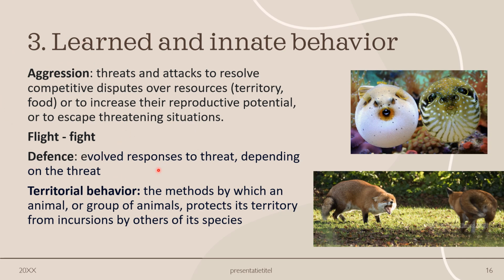Aggression is when an animal or an organism feels threatened or attacked by something, and it needs to resolve that, or tackle these attacks, because there is a dispute over resources like territory, or there is less food and I have to be aggressive to get this food.